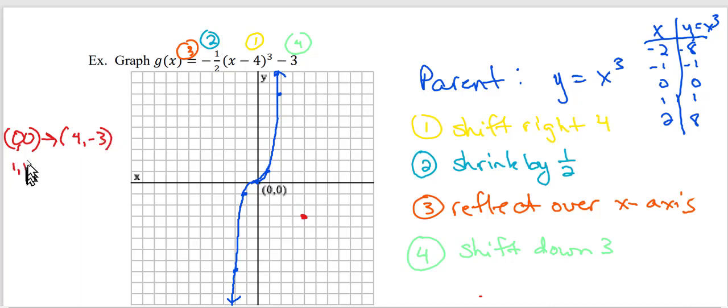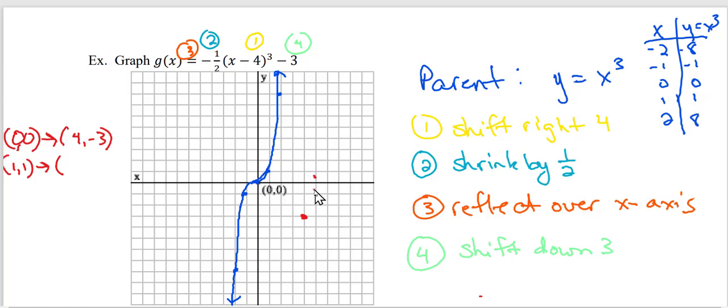Let's look at 1, 1 and where it goes. Right by 4, 1, 2, 3, 4, over to 5, 1. Shrink by 1/2, we'll take it to a y value of 1/2 instead of 1. So now we're at 5, 1/2, right in the middle here.